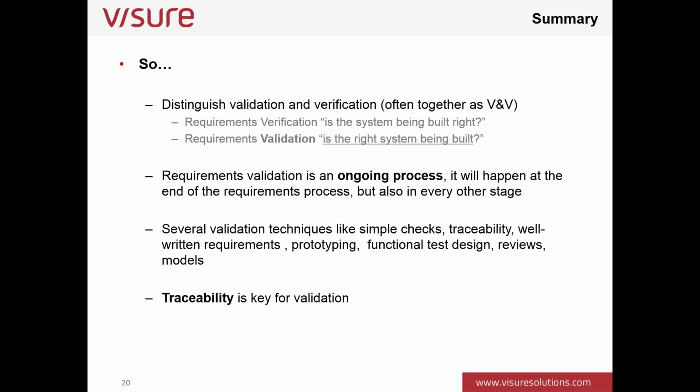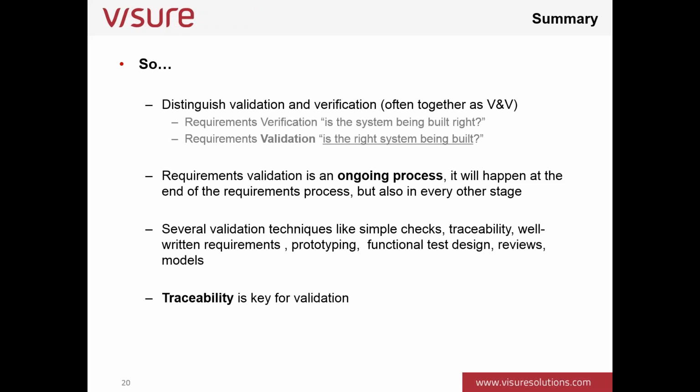So, let's try to summarize what we have learned today about the requirement validation activity. First of all, we have focused on distinguishing validation and verification. Often they are together as V&V, validation and verification, but they are not the same.